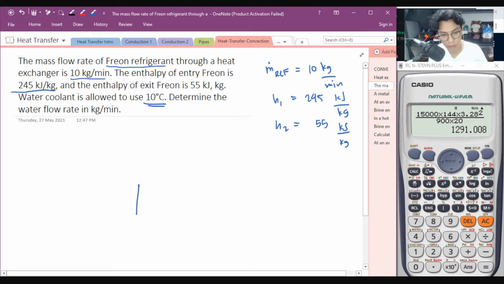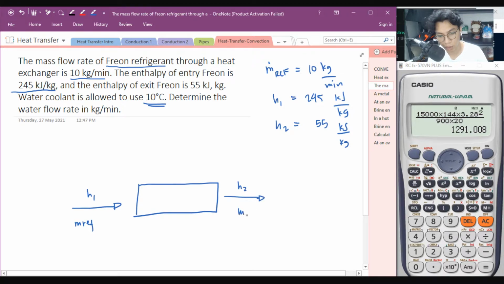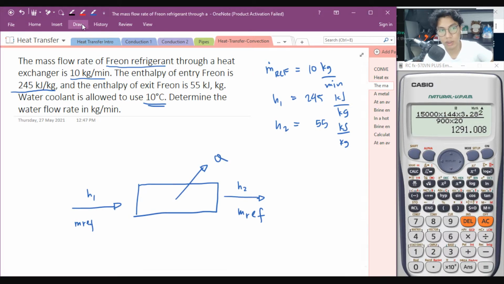Para ito yung refrigeration chamber mo. Okay? Ito yung entry ng iyong refrigerant, okay, MREF. Lalabas siya dito as H2. MREF pa rin yan. So, yung nag-give off siya ng heat, okay? It gives off heat, Q. Ngayon, meron ka diyang cooling water.